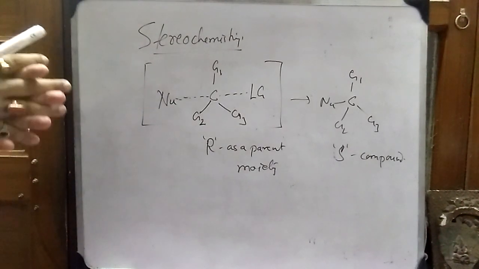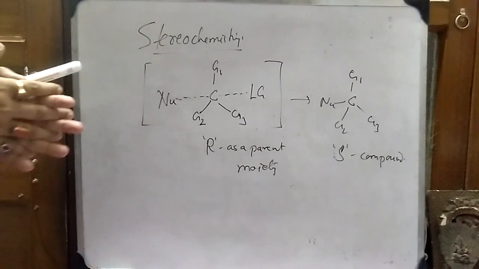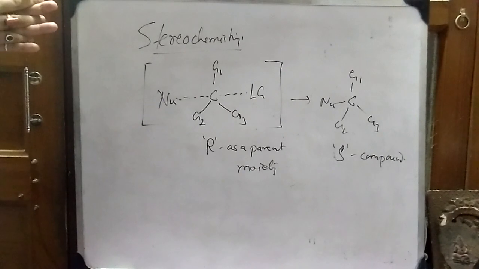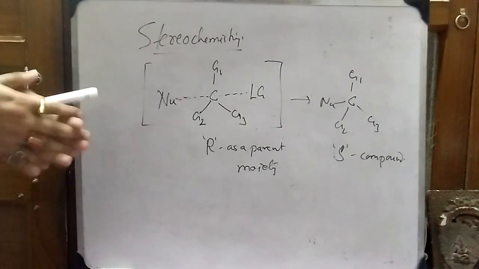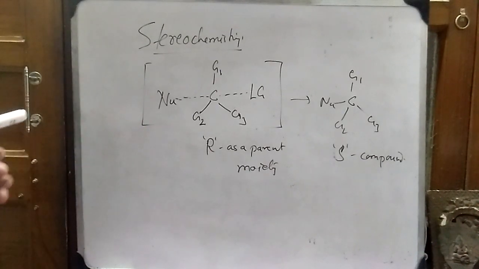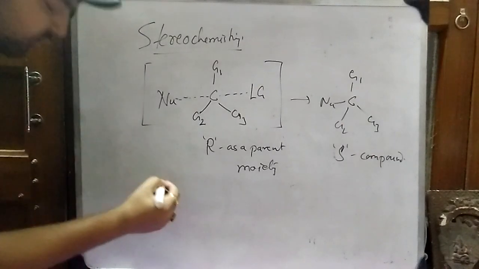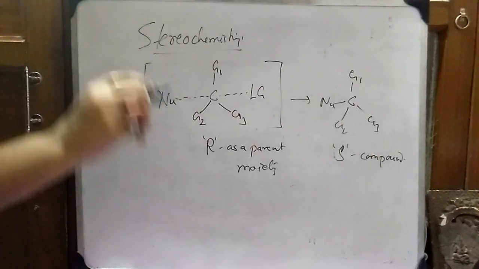So this is stereochemistry. We have discussed the stereochemistry, the solvent specificity, the trend of the substrate structure, the steric hindrance, everything. But we haven't discussed the rate of the reaction. Here, as it is a one-step process only, the rate will be dependent on that one step.